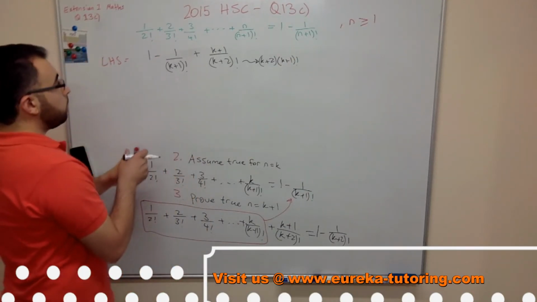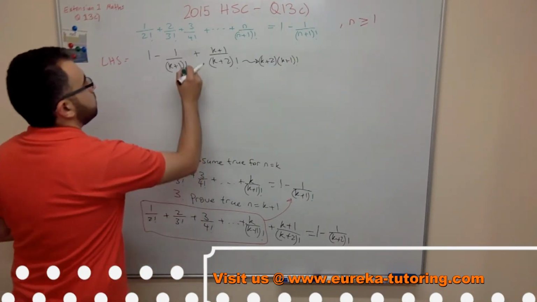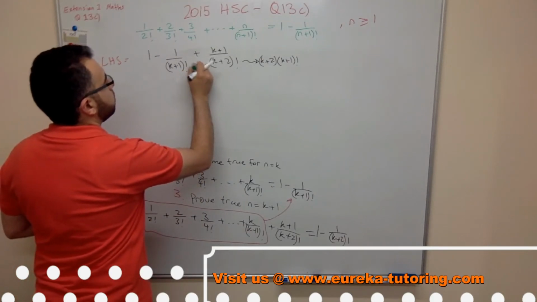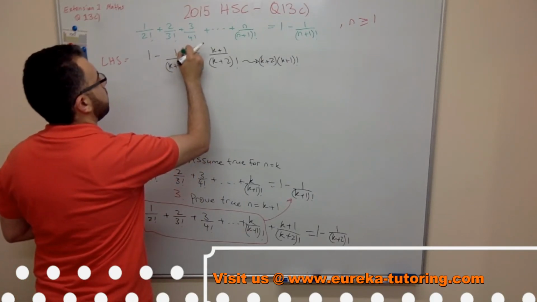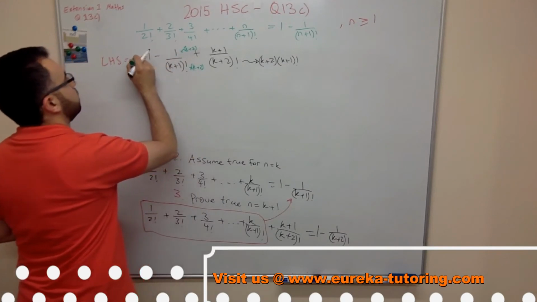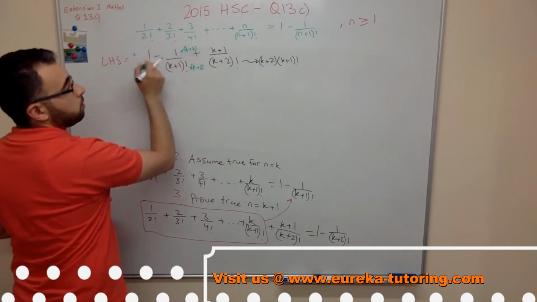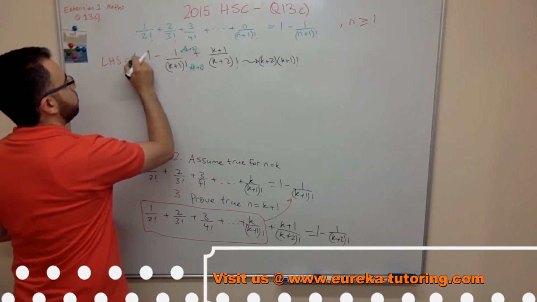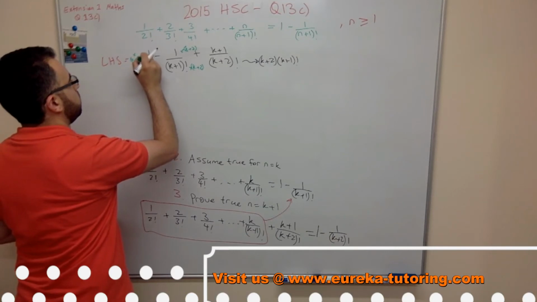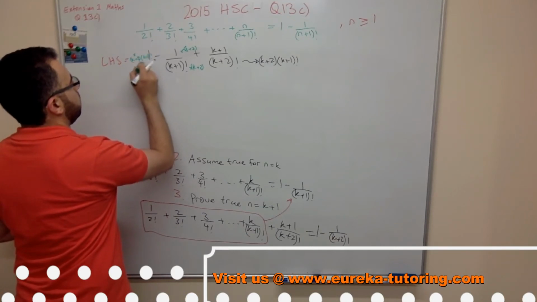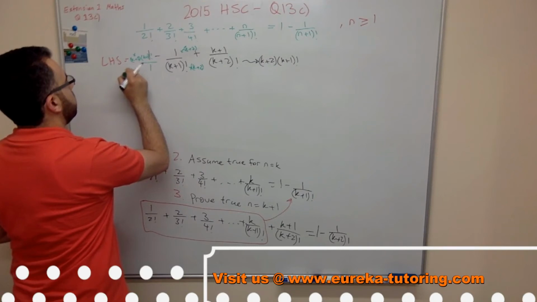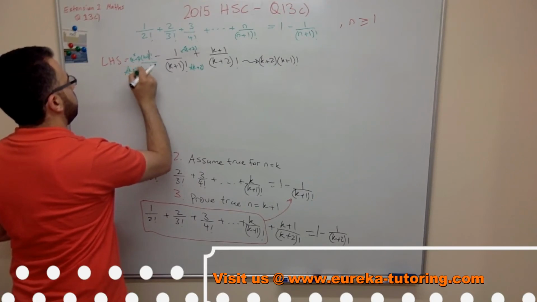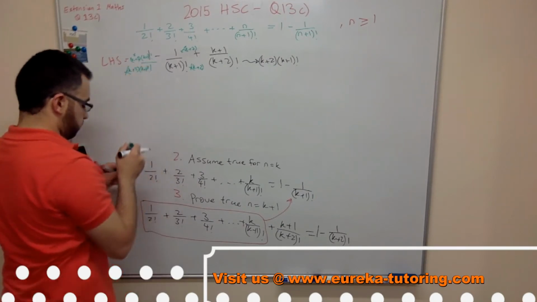So times this by (k plus 2), and this one times (k plus 2)(k plus 1), and this is 1 times (k plus 2)(k plus 1) factorial.